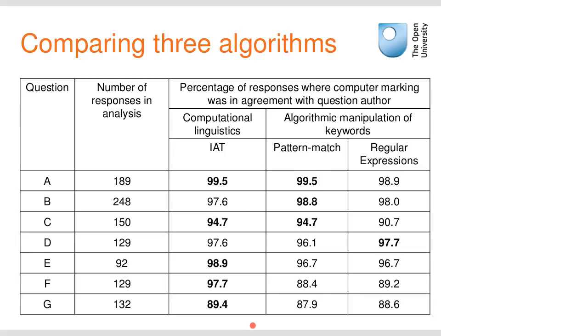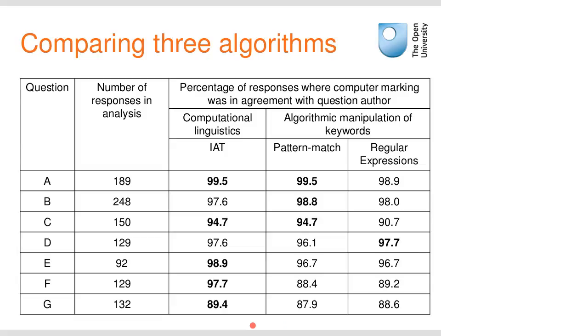Knocking around the OU from at least the 1970s, we had this matching system called pattern match, and that looks for keywords, and it can look for keywords near other keywords, or this word before that word, that sort of thing.